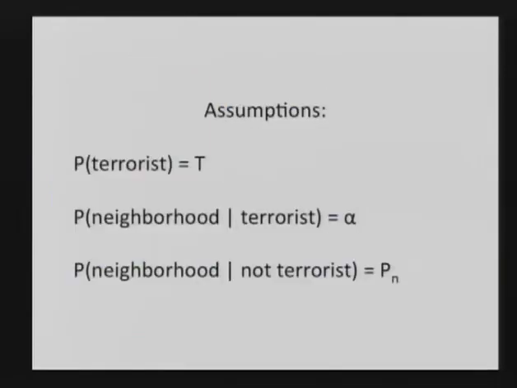Okay, so let's make some assumptions about these things. Let's say the probability that Bob is a terrorist, the prior probability, that is the probability based on all the evidence that's available to the analyst before they look at the call graph, we'll say that that's equal to t. Now we'll say if Bob is a terrorist, there's some probability, which we'll call alpha, that he's in the near neighborhood of known bad guy.